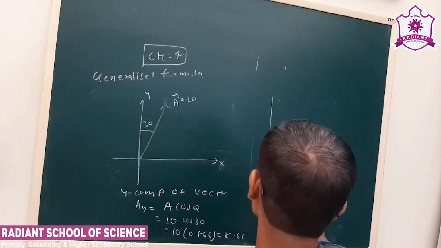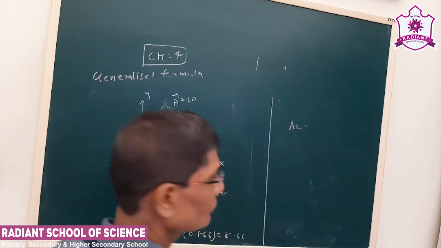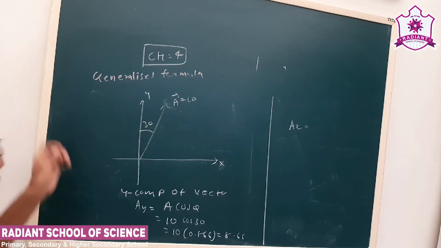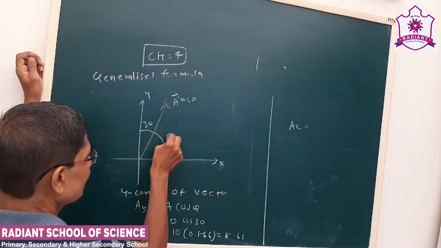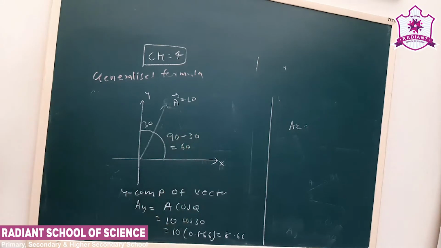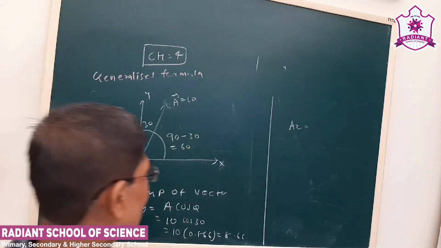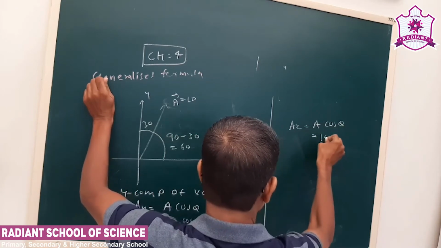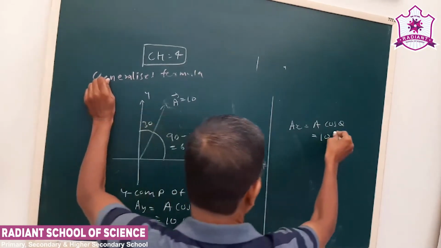Now I want to find out the x component. What do you have to do? 30 is the angle with the y-axis, so what will be the angle with the x-axis? 90 minus 30, that is 60. So what is our definition? A cos theta, A is 10, theta is 60. Why?